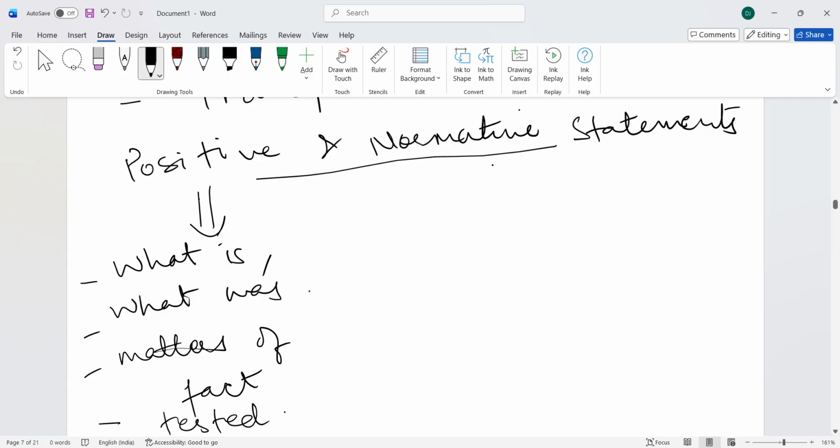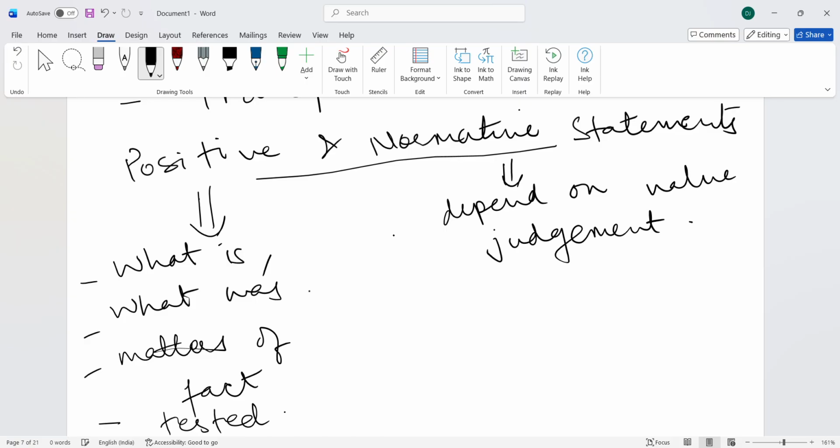Okay. On the other hand, a normative statement is a statement that is based on or depends on value judgment. These are statements that involve issues of personal opinion, which cannot be tested or settled by recourse to facts.